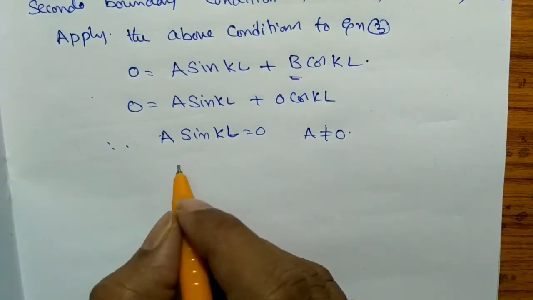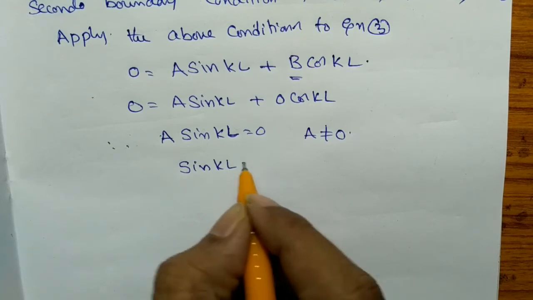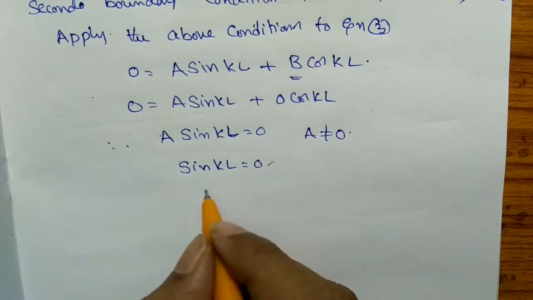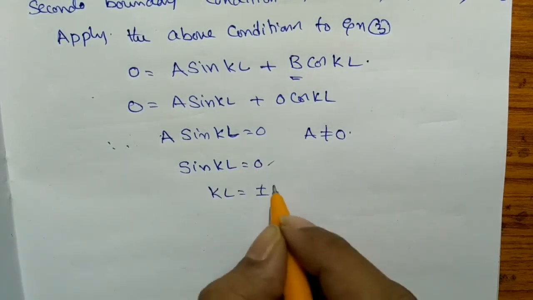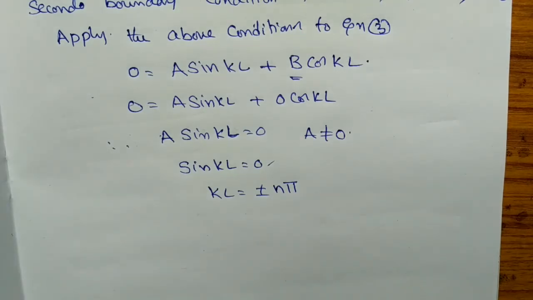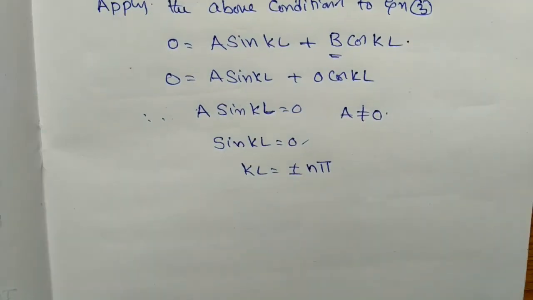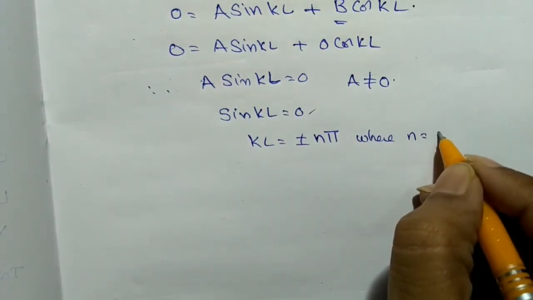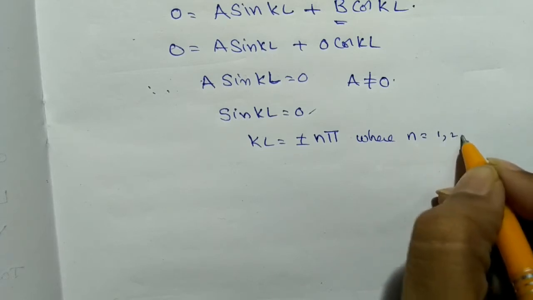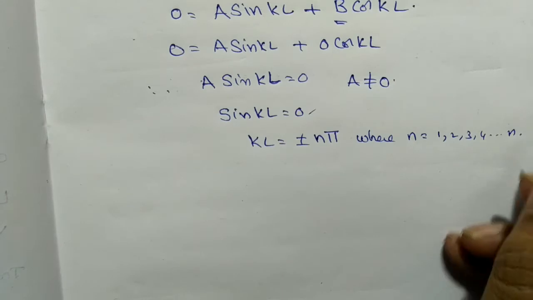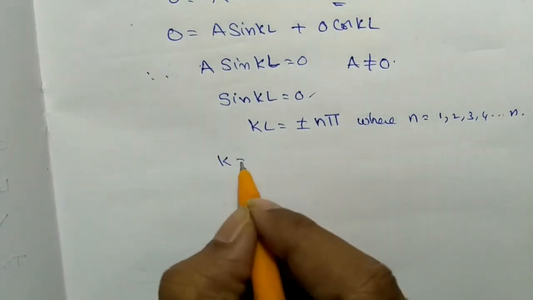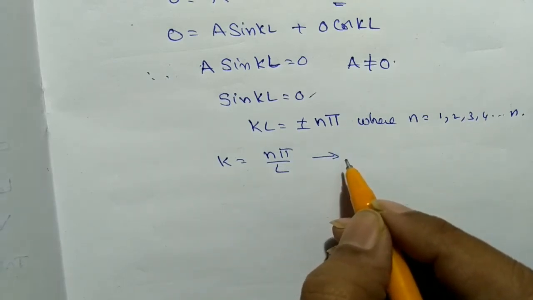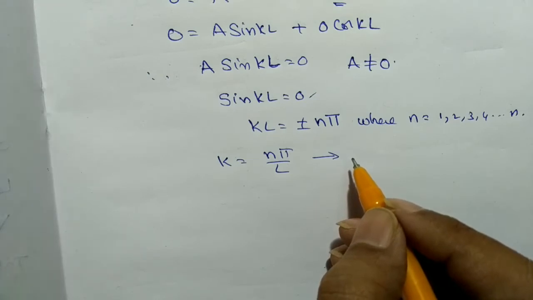Therefore the second condition is sin kL equal to 0. Then kL is equal to plus or minus n pi, where n is equal to 1, 2, 3, 4 and so on. Then k is equal to n pi by L. This is equation number 4.